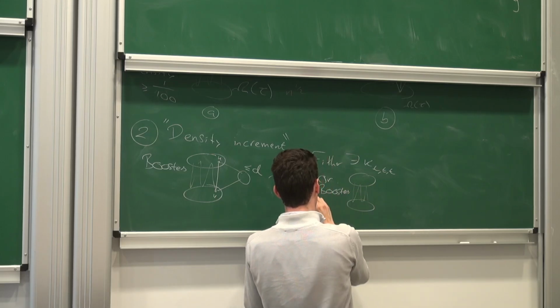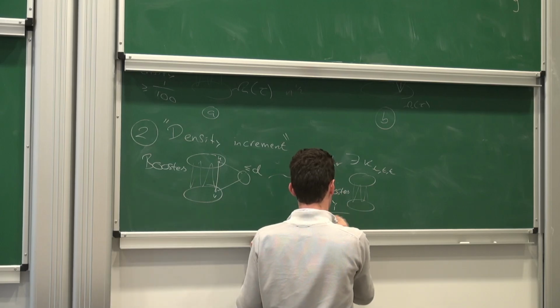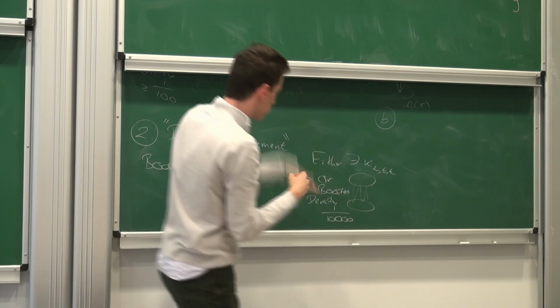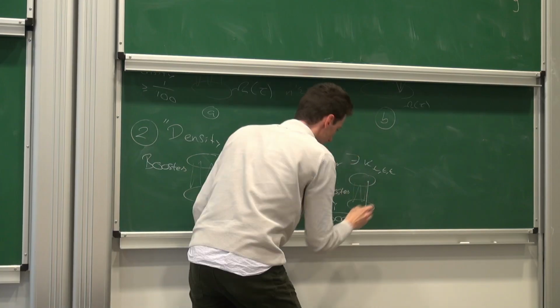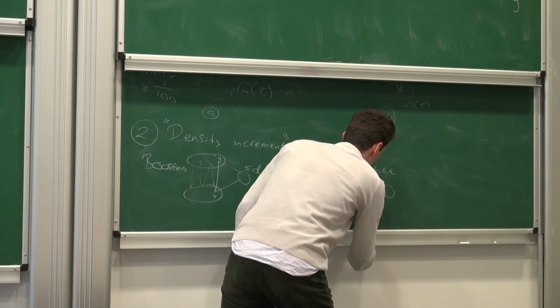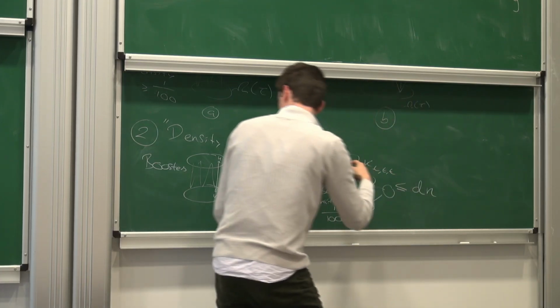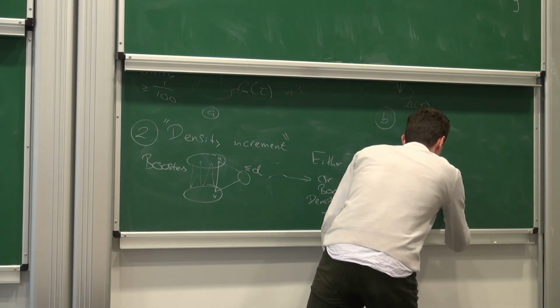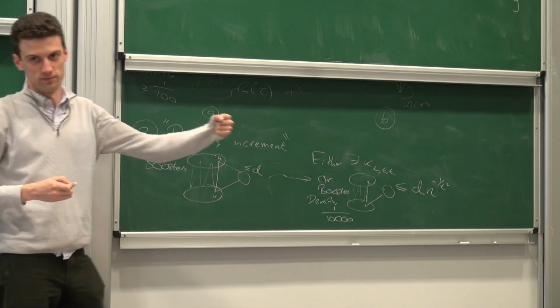The density is a bit smaller, but still constant. So maybe if this was 1 over 100, maybe this is 1 over 10,000. The density has dropped a bit, but now, for every edge between here and here, the number of common neighbours is now even smaller: d times n to the minus something, so polynomially dropped.